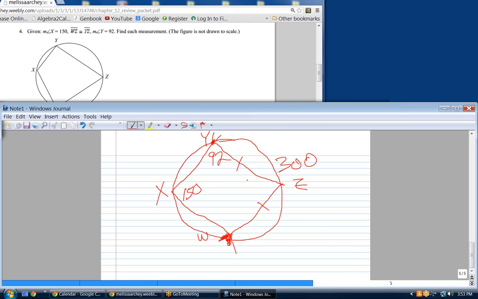But we can figure out that arc because there's two arcs. Remember, the total circumference is 360 degrees. Now we've got most of it with 300 degrees. 60. So it's 60 degrees from Y this way to W. Right. What does that make angle Z? 30.